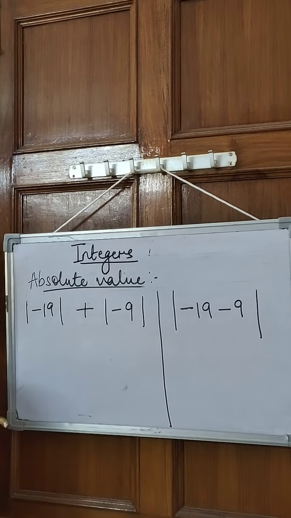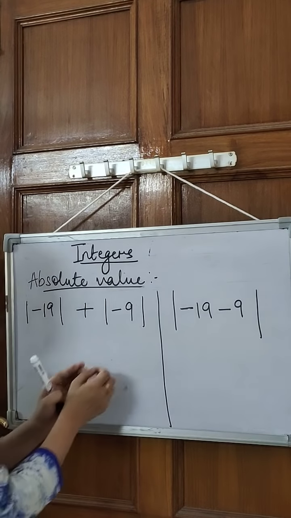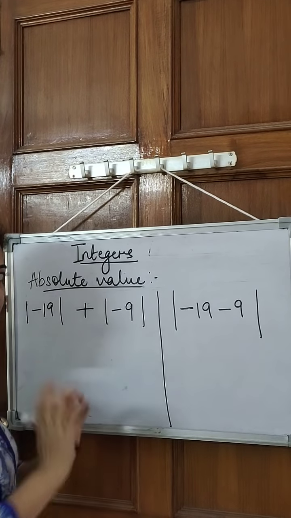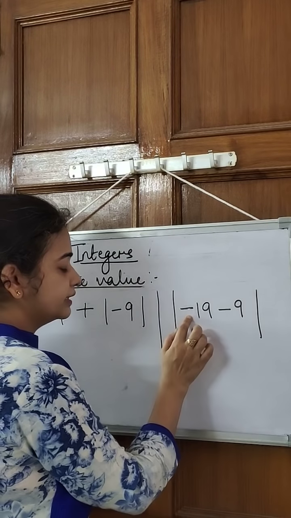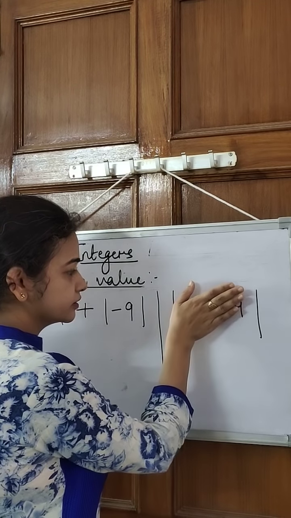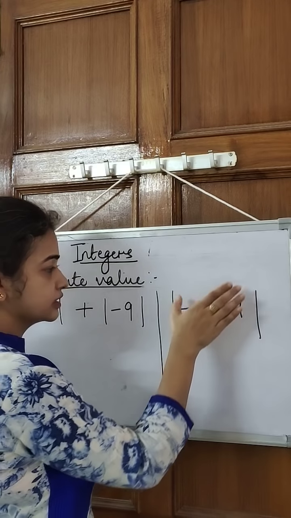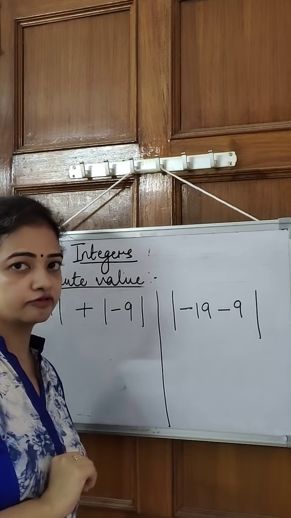The first one is saying absolute value of minus 19 plus absolute value of minus 9. And what this question is saying is, solve minus 19 and minus 9 first, then take the absolute value of the result.